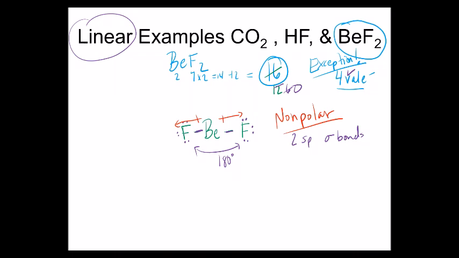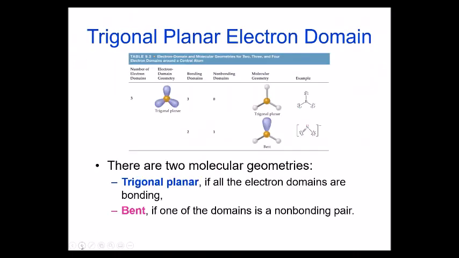All this drawing stuff. All right, let's take a look now at the next domain. The trigonal planar domain. I like this one, yes. Here we go. We have 3 electron domains around the central atom. 1, 2, 3.